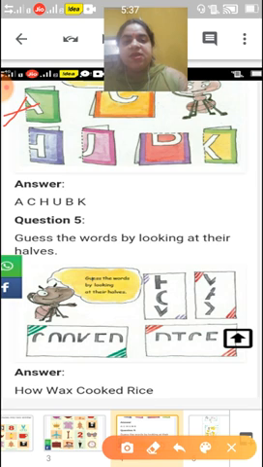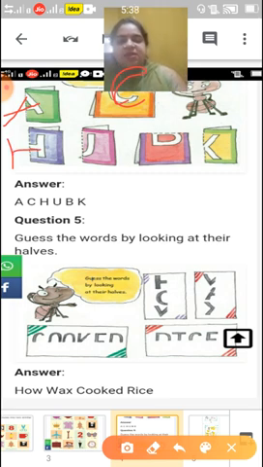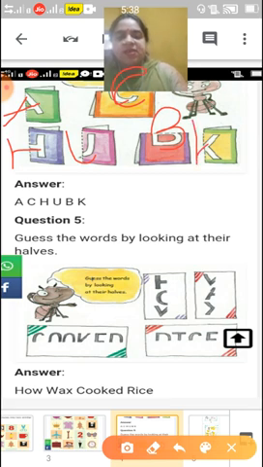Now your next letter is C. Your next letter is H. Your next letter is U. Your next letter is B. Your next letter is K. So children, I hope you understand. You complete your letters and you will write your answer like this: A, C, H, U, B, K.